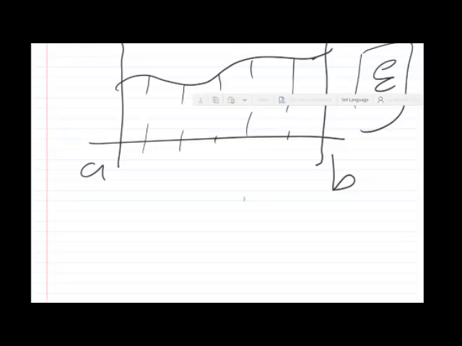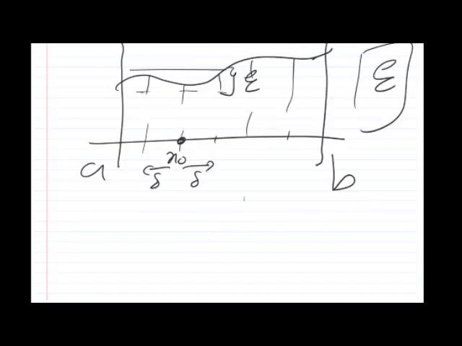It means if you take an interval around some x0 value, x0 minus delta and x0 plus delta, some delta value, in this interval the difference should be less than epsilon.